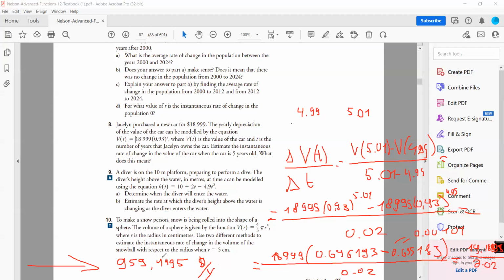So $959 and some amount of cents. That's my instantaneous depreciation of the value of the car after 5 years. Now, specifically when the car is 5 years old.